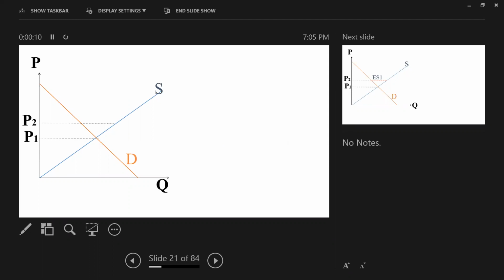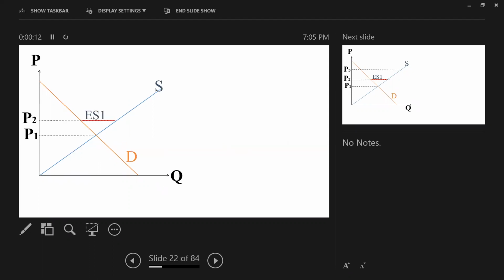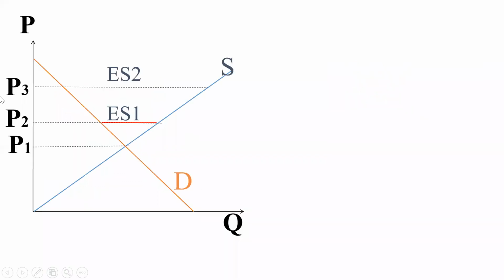The price increases to P2, there's an excess supply, right? You can see here. The price is further increasing, excess supply is further increasing. So the excess supply increases to ES2. Then you can see price and excess supply have a positive relationship.